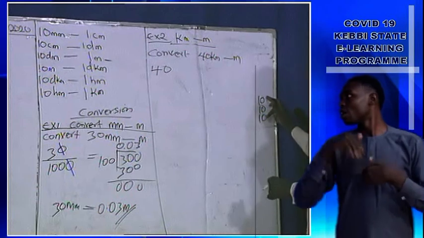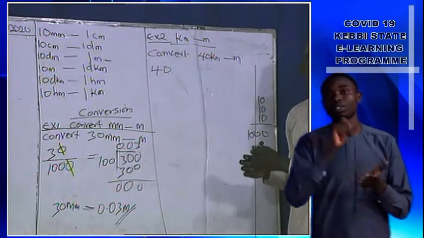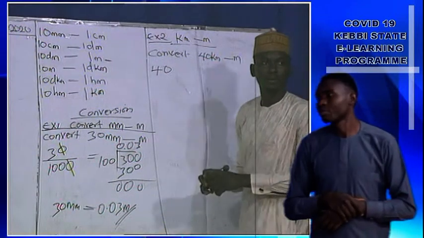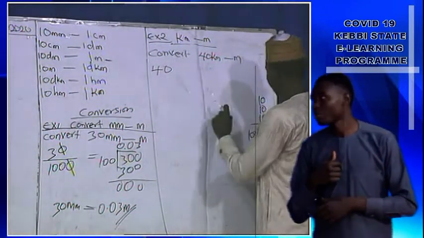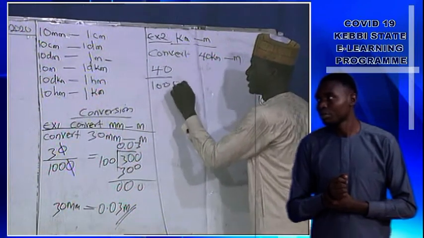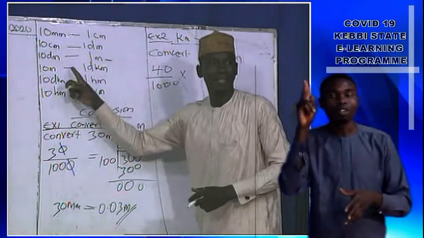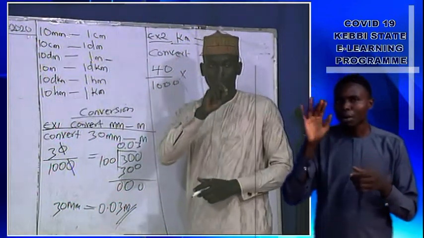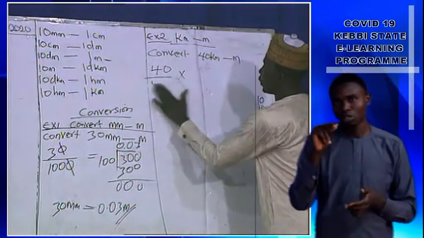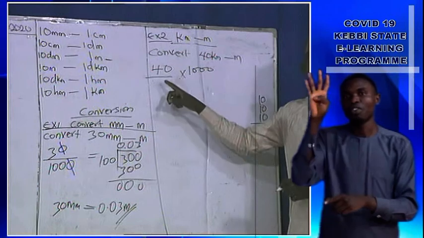When we multiply 10 by 10 by 10, we are going to have 1,000. I hope you are with me. Good. Then we are going to divide 40 by 1,000? No. This one is greater than our meter. We are not going to divide it.